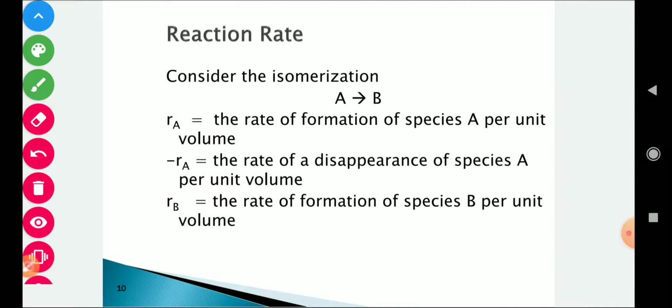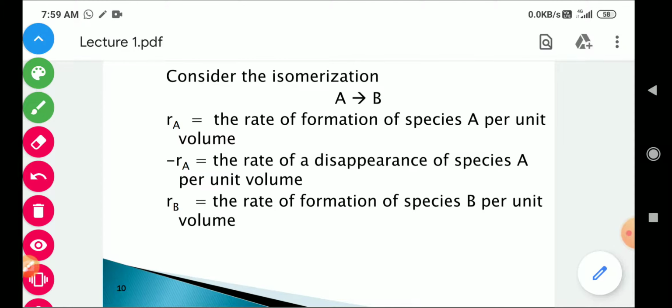On the other hand, B is forming, so the rate will be RB. This RB is the rate of formation of species B per unit volume. So we use a negative sign for disappearance of the reactant or a positive sign for formation of a species.